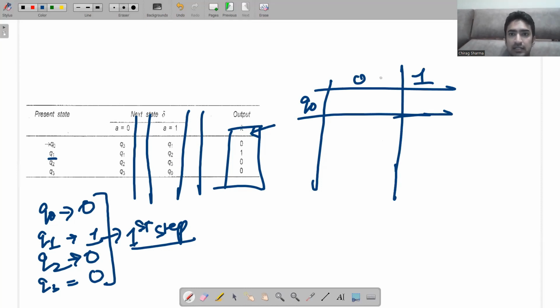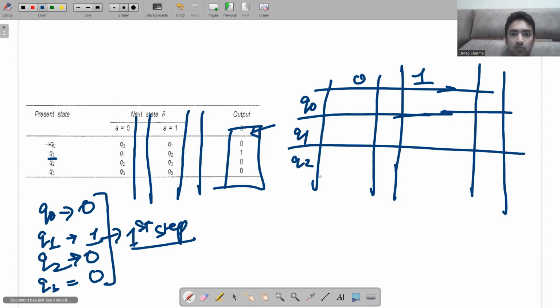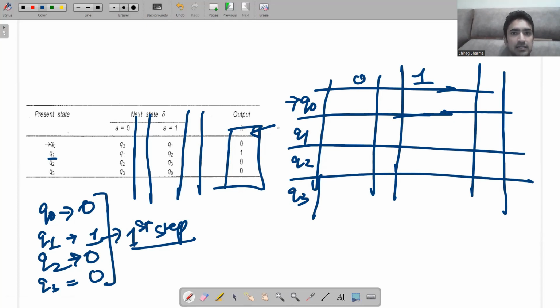All you need to do is substitute those outputs in the transition part. So we have Q1, same I'm writing, Q2 and Q3. This is your initial state. Q0 when 0 is given, it goes to Q3. So I'm writing that, and Q1 as well. Copy and paste I'm doing.